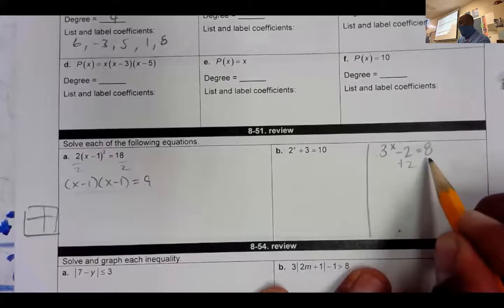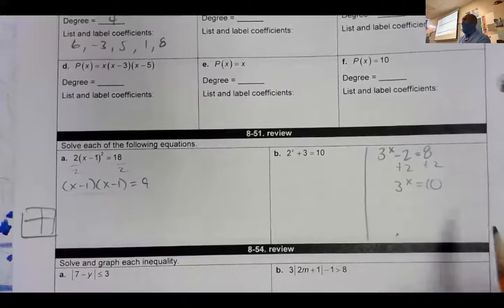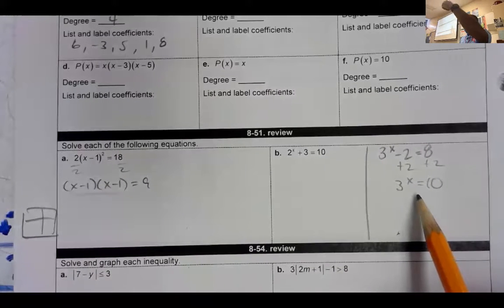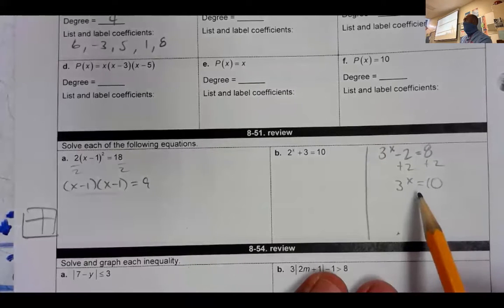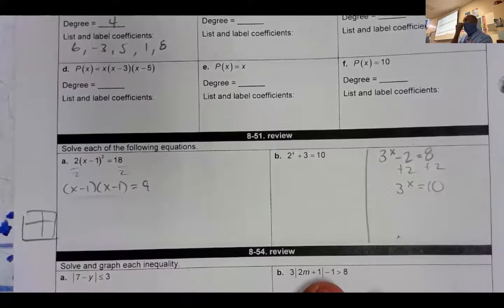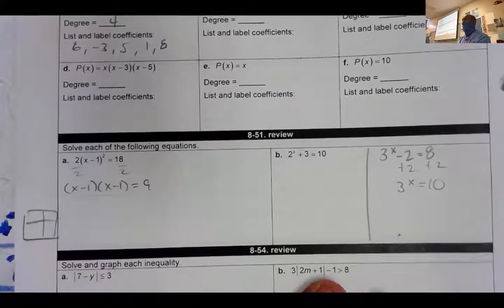Sure, sorry, add 2. Now, the x is in the exponent, which means it's exponential. So what can we do so that we can solve this? So unfortunately, we can't divide the 3 because of the x being in the exponent. If it wasn't in the exponent, we could do that.